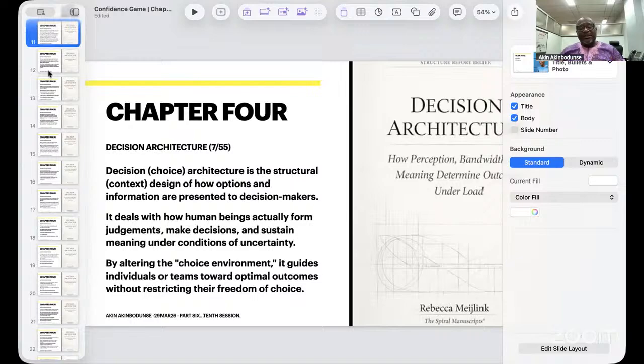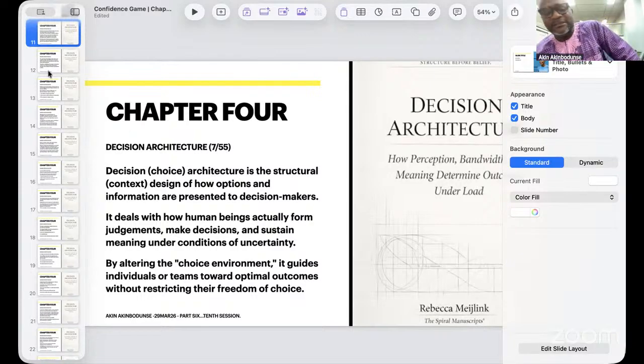So by altering the choice environment, it guides individuals or teams towards optimal outcomes without restricting their freedom of choice. That's the ethical way to do it. In the unethical way of doing it, it guides the individual or team towards a suboptimal outcome by restricting their freedom of choice.